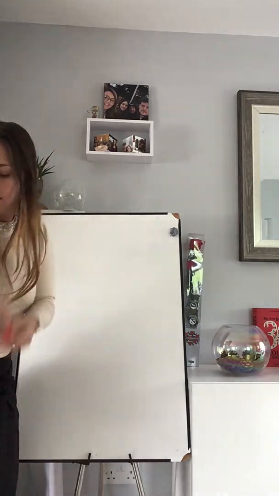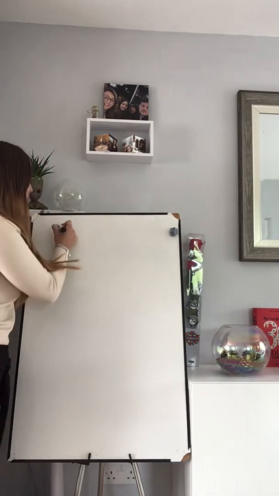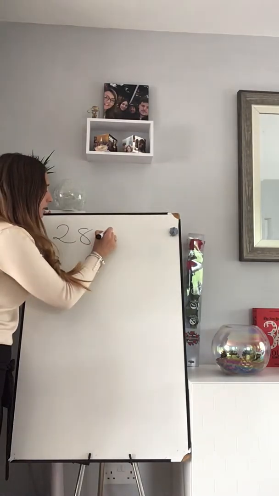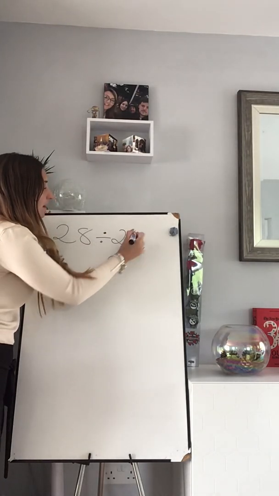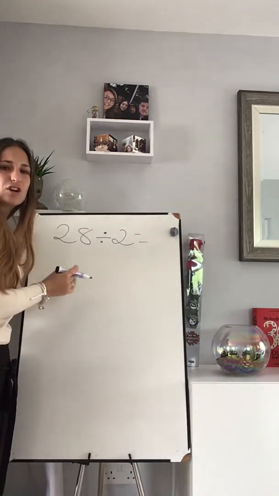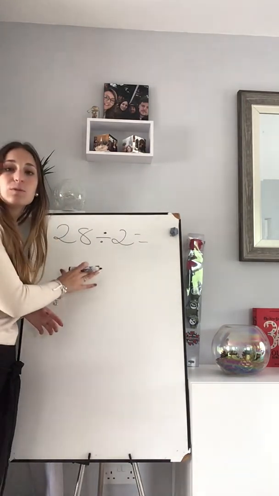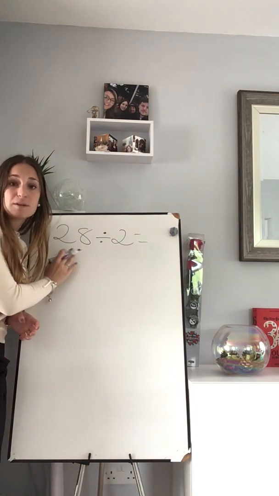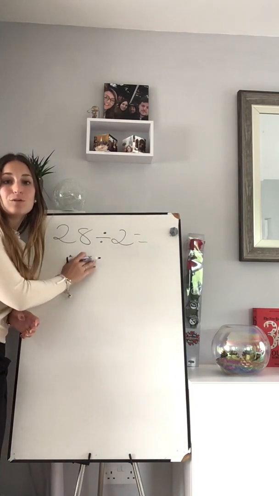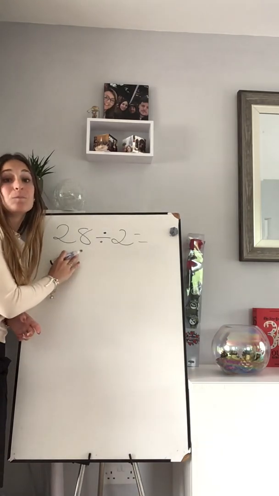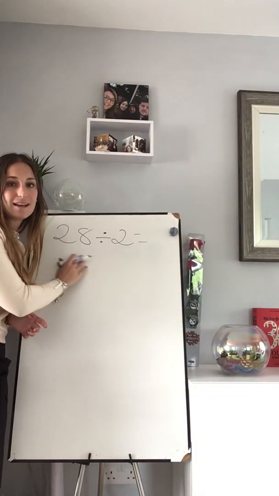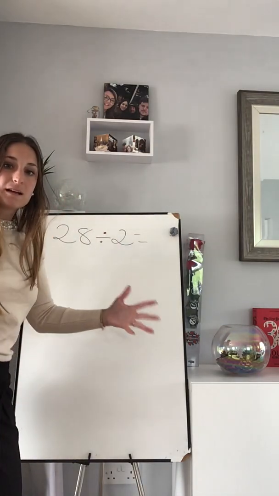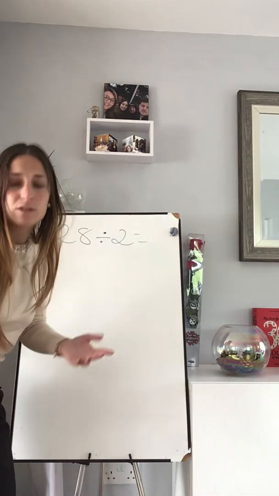If we have 28 and we divide it by 2, actually it is not really difficult to count in 2s up to 28 and figure it out, because we already know that 24 is on our 2 timetable, so we can count a little bit more and get the answer. Now, this is a strategy that you can use for all the bigger numbers that you are going to struggle to count on, okay?